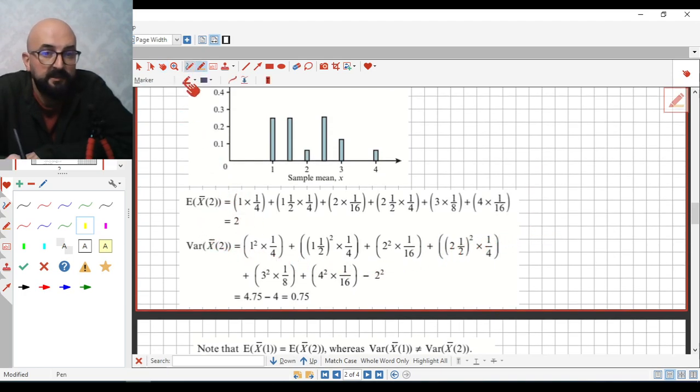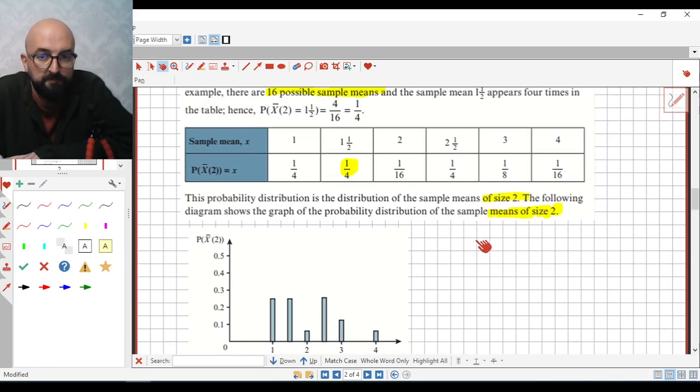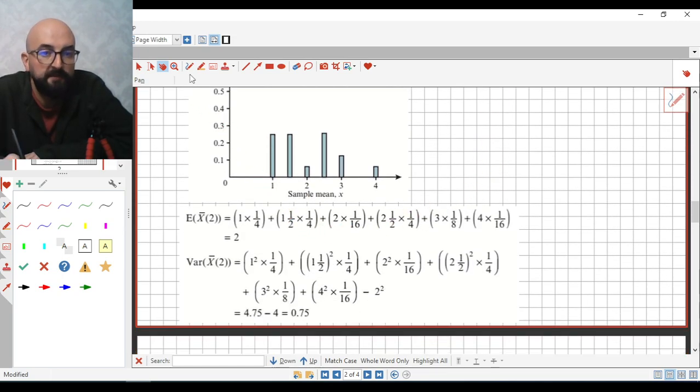And if we figure out the expectation of the sample means of size 2, it is 1 multiplied by the probability of 1, plus 1.5 multiplied by its probability, and so on, and our expectation becomes 2, and our variance becomes 0.75.